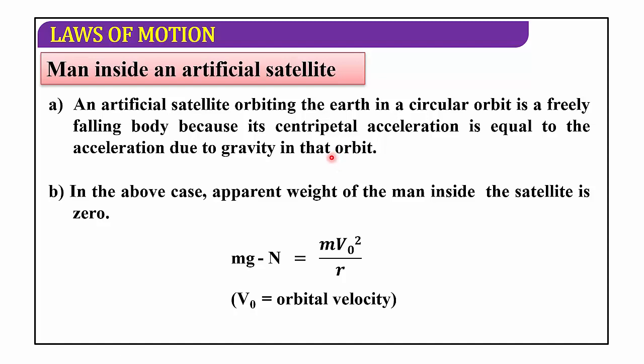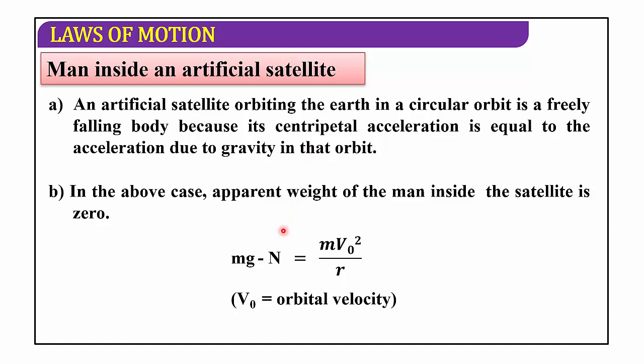Remember the first point. An artificial satellite revolves around the Earth in a circular path, so it has centripetal acceleration. That acceleration is produced by the acceleration due to gravity.